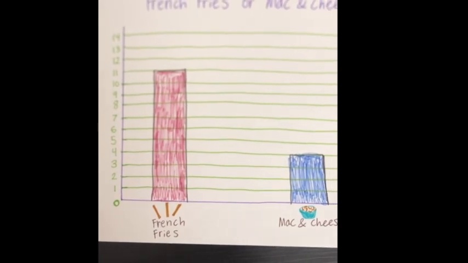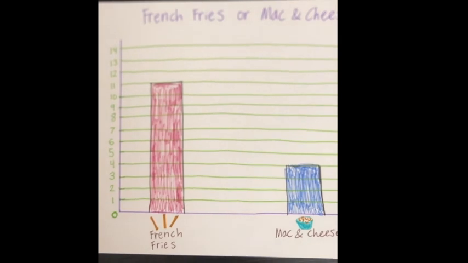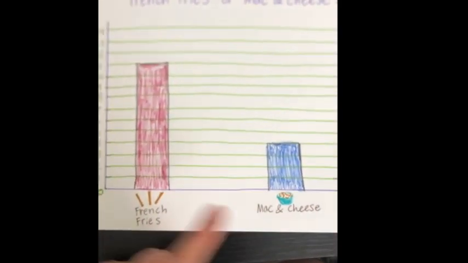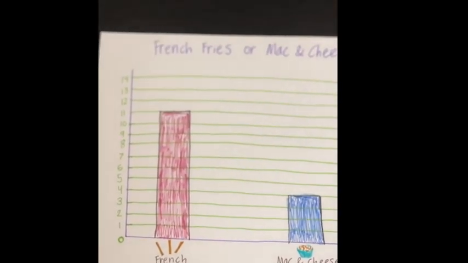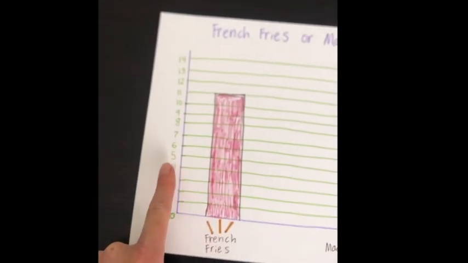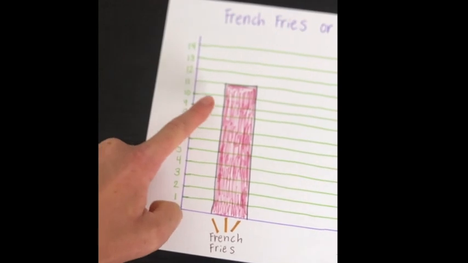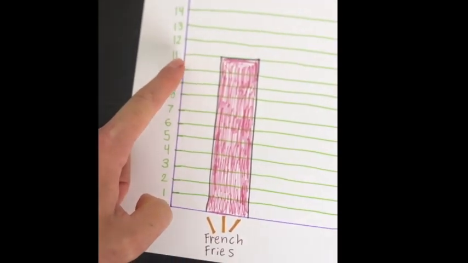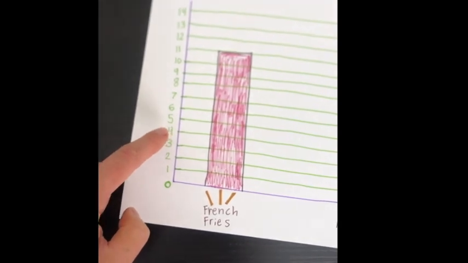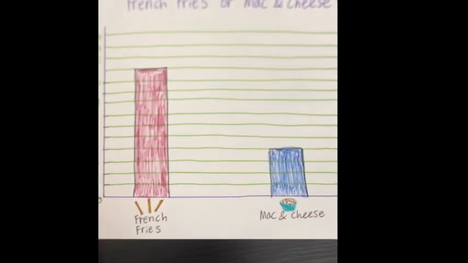Another way we can answer the question how many more friends like French fries than mac and cheese is by counting the difference between the two numbers. So where did the mac and cheese stop at? How many friends picked that? 4. And how many friends picked French fries? 11. So we're gonna count on from the smaller number until we get to the bigger number to find the difference.